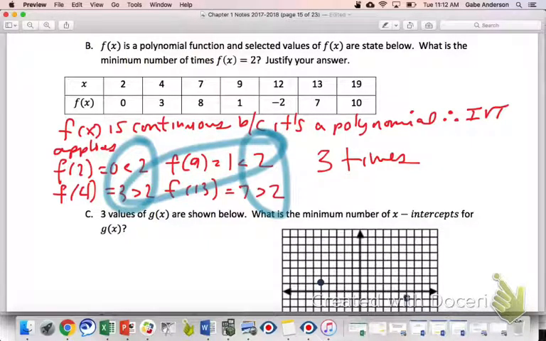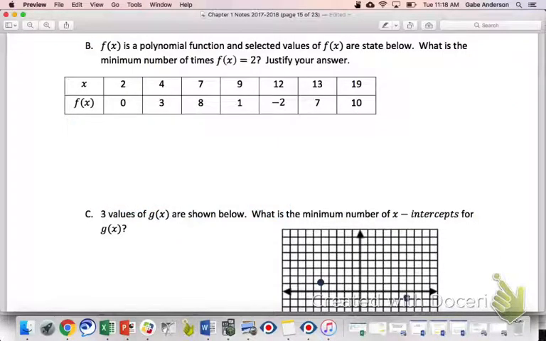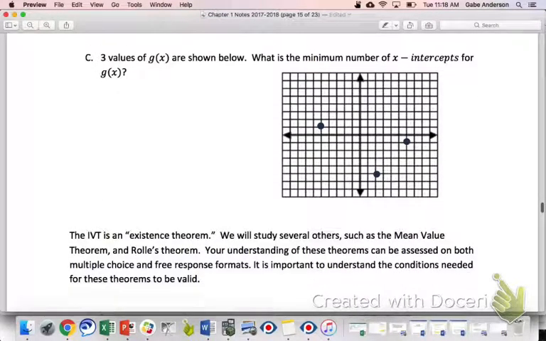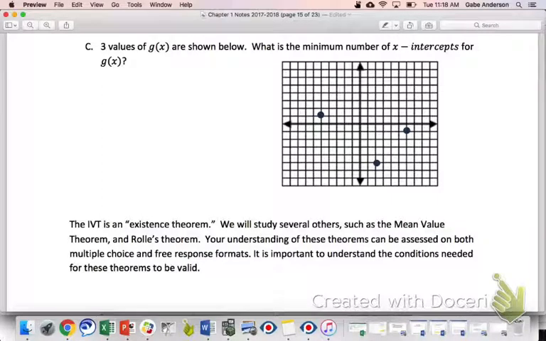All right. Okay, we're good. Take a look at C, please. C says 3 values of g of x are shown below. What is the minimum number of x-intercepts for g of x?